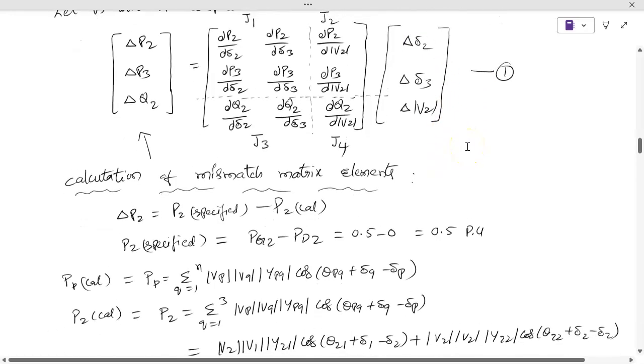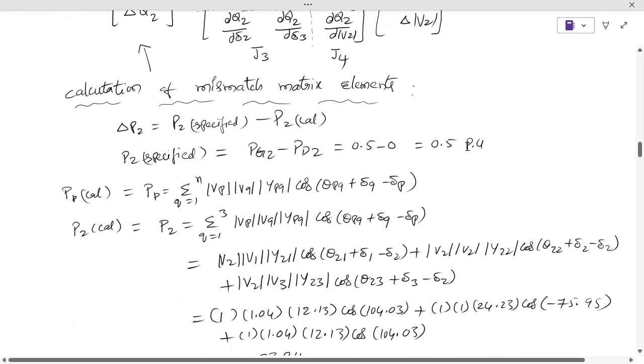What is the process? Now, delta P2. Delta P2 is equal to P2 specified minus P2 calculated. You know that P2 specified is equal to Pg2 minus Pd2. In the table these values are given, that is 0.5 minus 0, that is 0.5 per unit. For P calculated, again we need to depend on the static load flow equation.